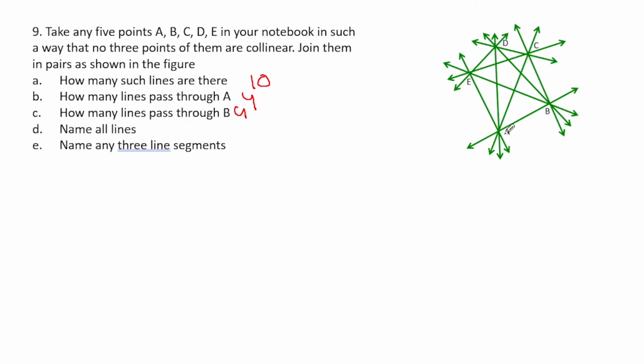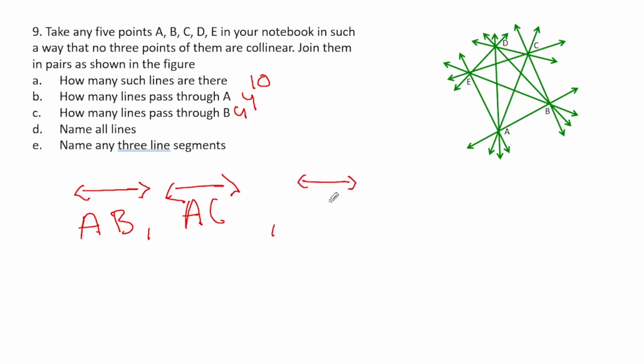So let's start off with the lines which intersect with point A. So we have line AB, then we have line AC. Then we have line AD, then line AE.